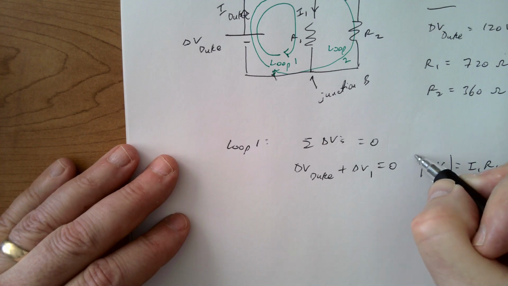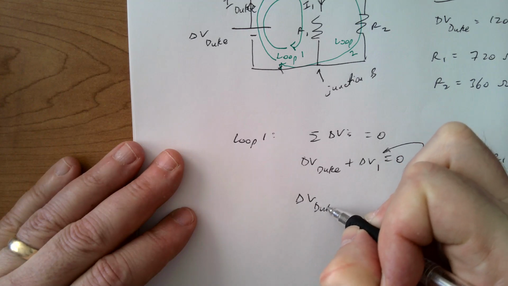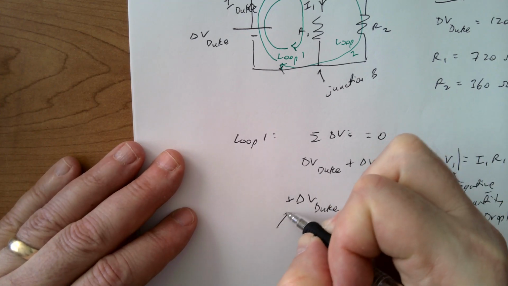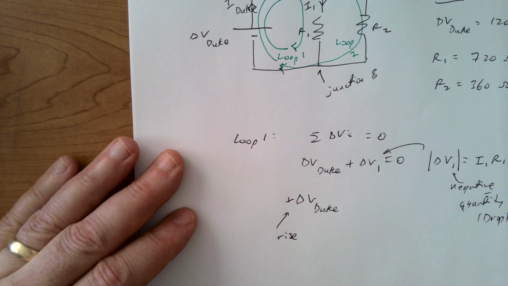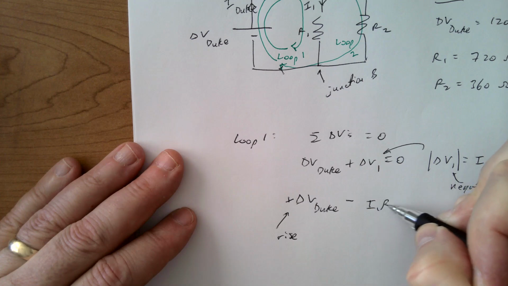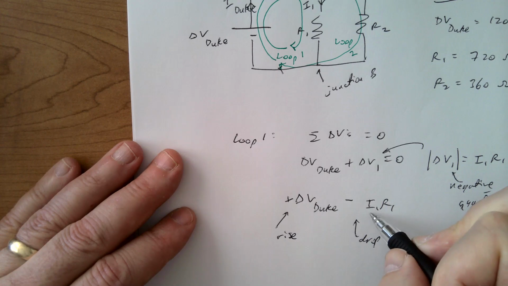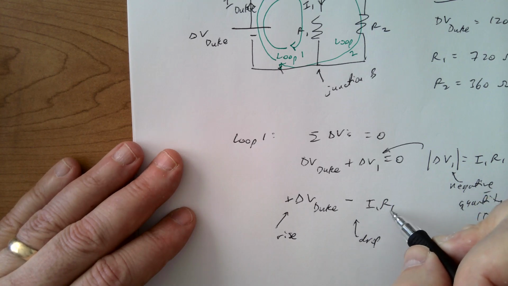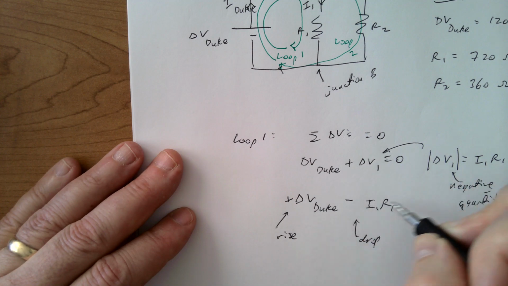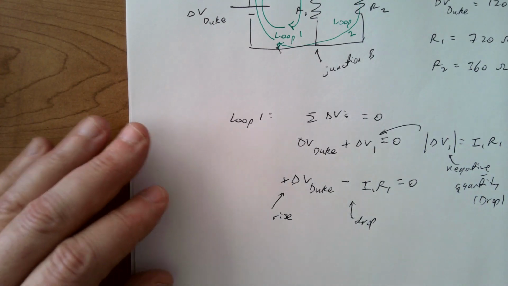So we're going to take this, put it in for delta V1. Delta V Duke, which gets a plus sign because that's a rise in voltage, minus I1 R1. It's minus because that's a drop, and because both the current and the resistance are positive numbers. So to make delta V negative, I've got to put a minus. Must equal 0. So there's my loop rule for loop 1.